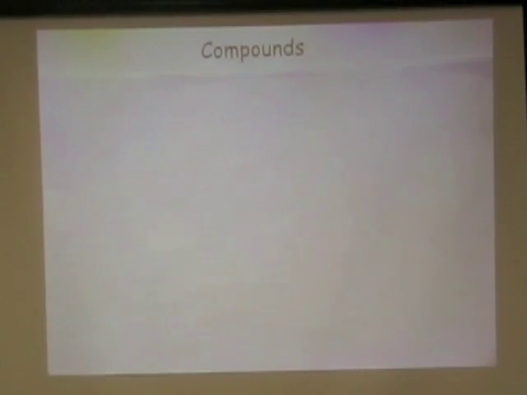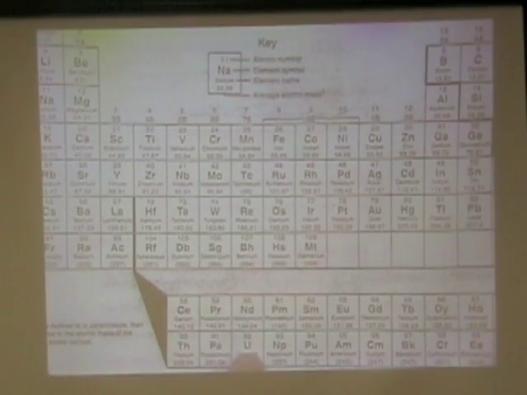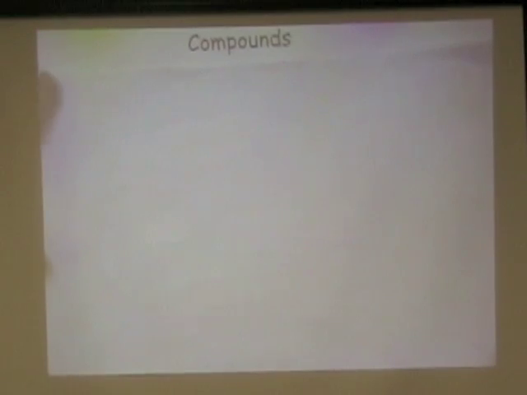So if we have 92 naturally occurring elements on this planet, and you're looking around at all kinds of stuff, more than 92 different kinds of stuff, how can that be when there are fundamentally only 92 different kinds of atoms?